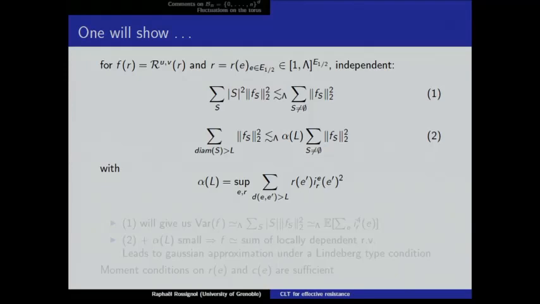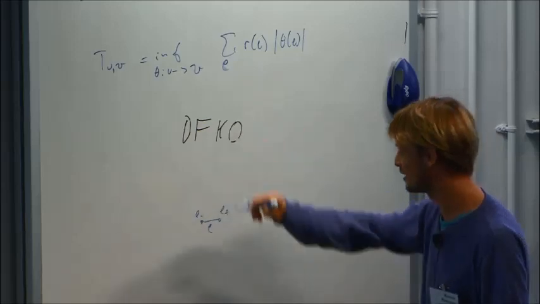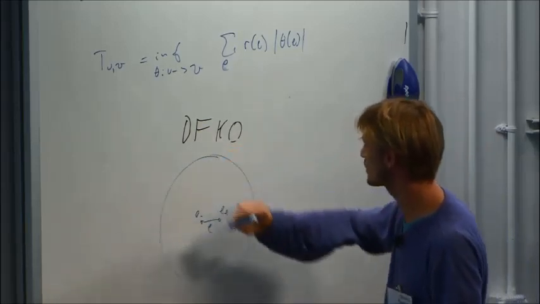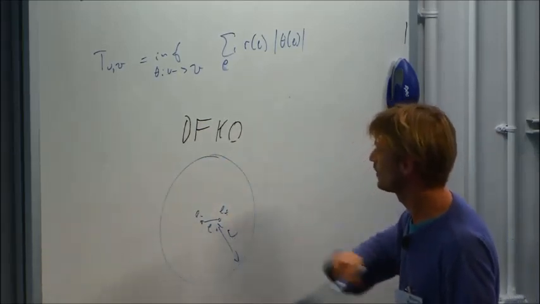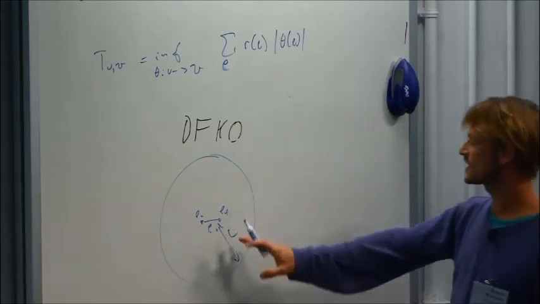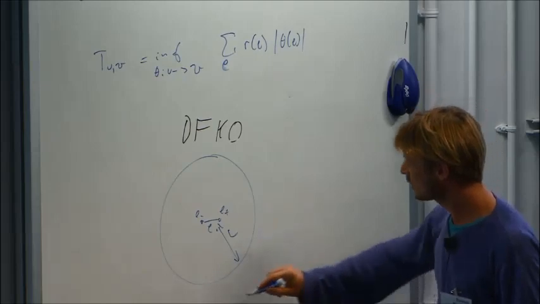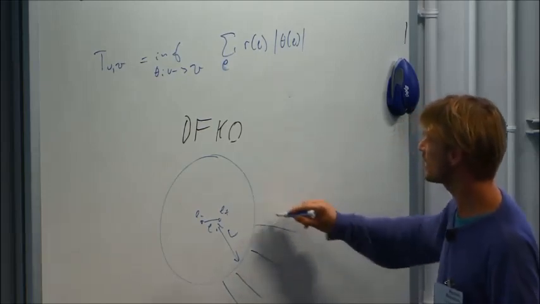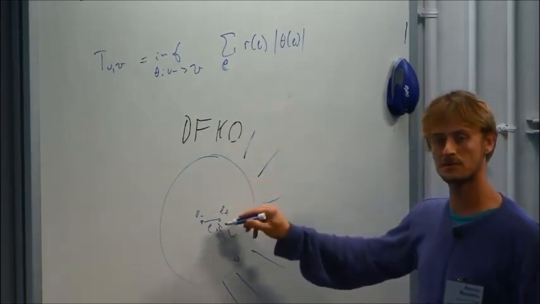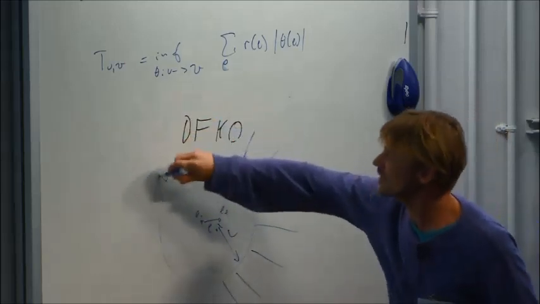So you take every edge E in the graph. You look at the optimal current from E minus to E plus, so it is a current in the graph. You look at a ball of radius L around E, and you wonder what is the energy dissipated by the optimal current from E minus to E plus on that ball.